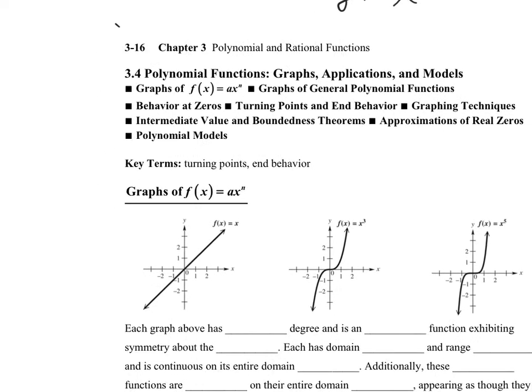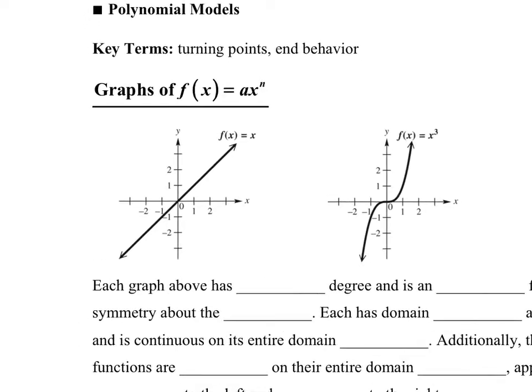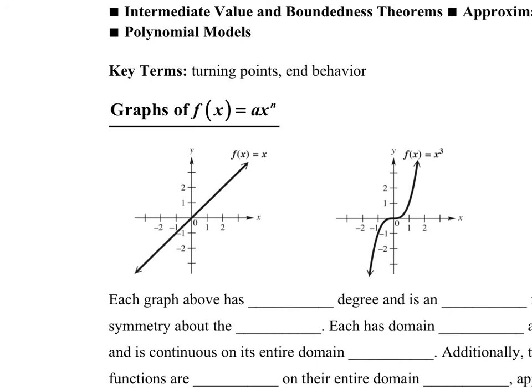So we're starting out by looking at just kind of a parent function, ax to some power. So that really is only the first term of a polynomial. It could be y equals 2x squared, y equals 1/2 x to the 7th. So that's all we're looking at, the leading term, and what that leading term tells us.